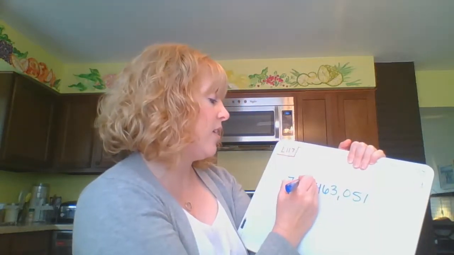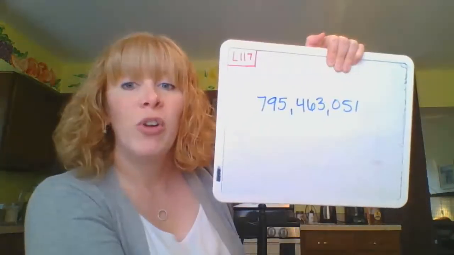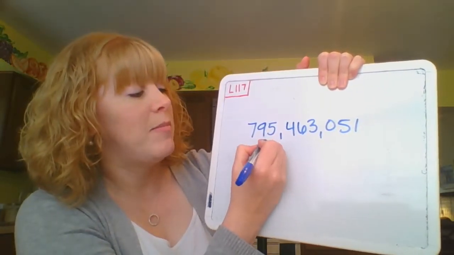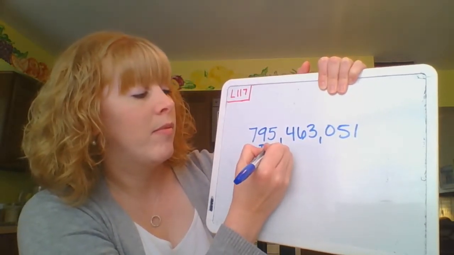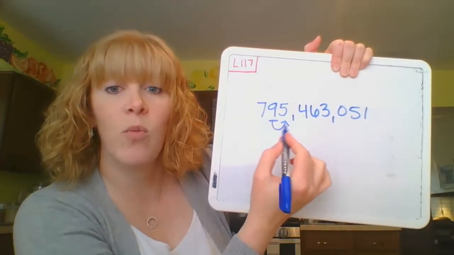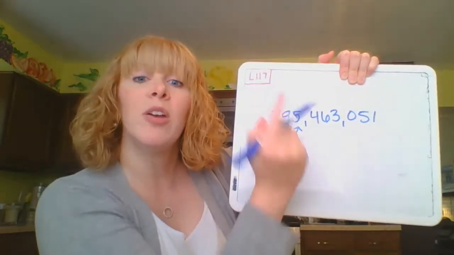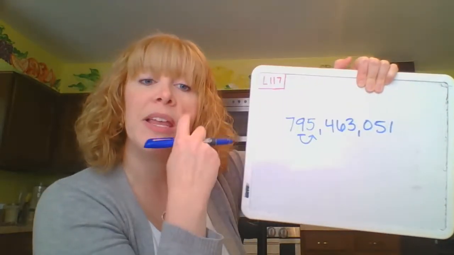if, let's say, instead of 792 million, it's 795,463,051. I'm still rounding to the nearest 10 million. I'm going to look one place value over to my millions. If it's 5 or higher, I'm going to round up and I add 1 to the place value.